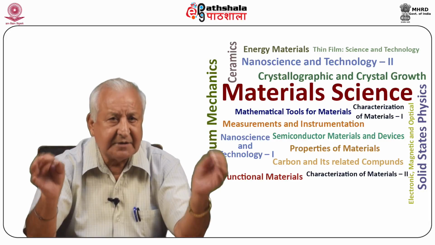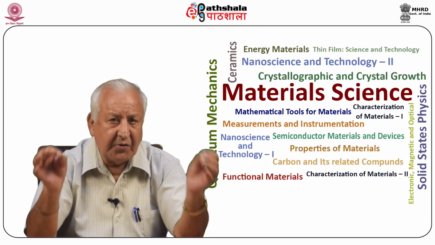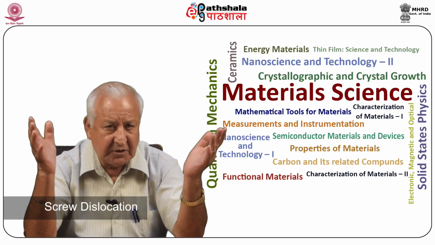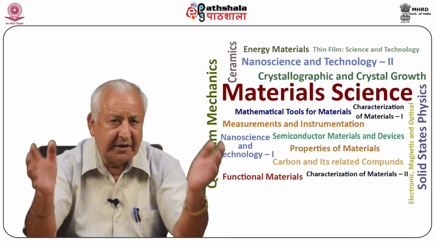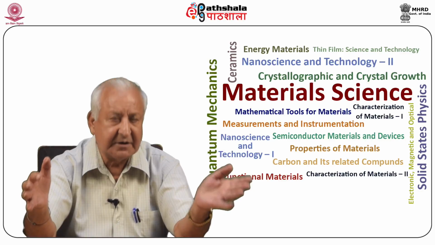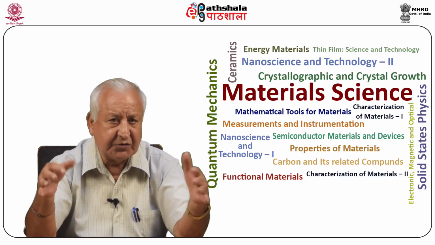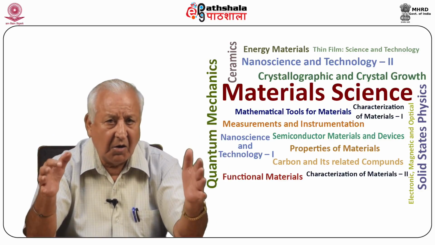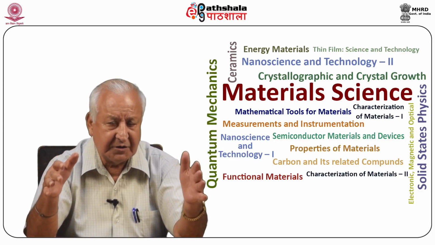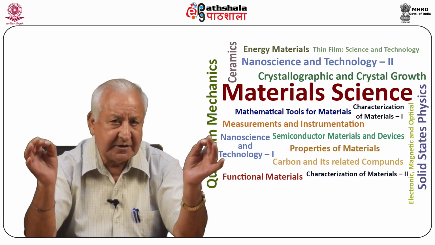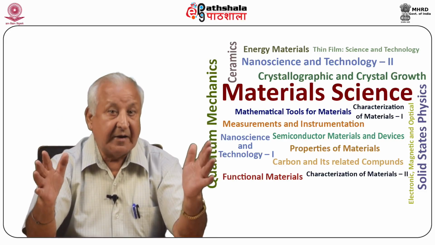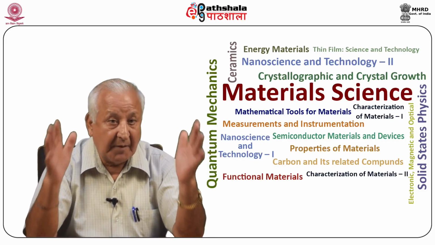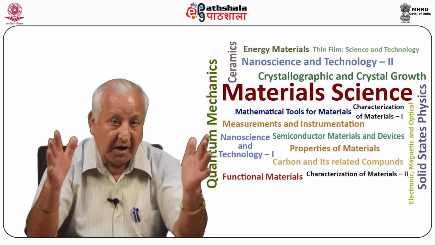The total elastic energy per unit length of a screw dislocation is therefore given by Ed corresponding to a screw dislocation equal to G b square upon 4 pi log of R1 upon R0, which is indicated here as equation 17.8, where R1 and R0 are the upper and lower limits of r.